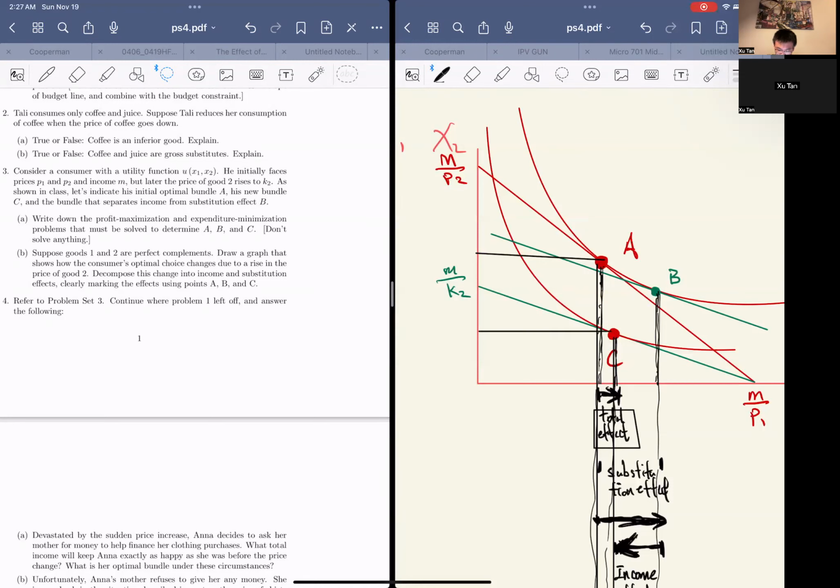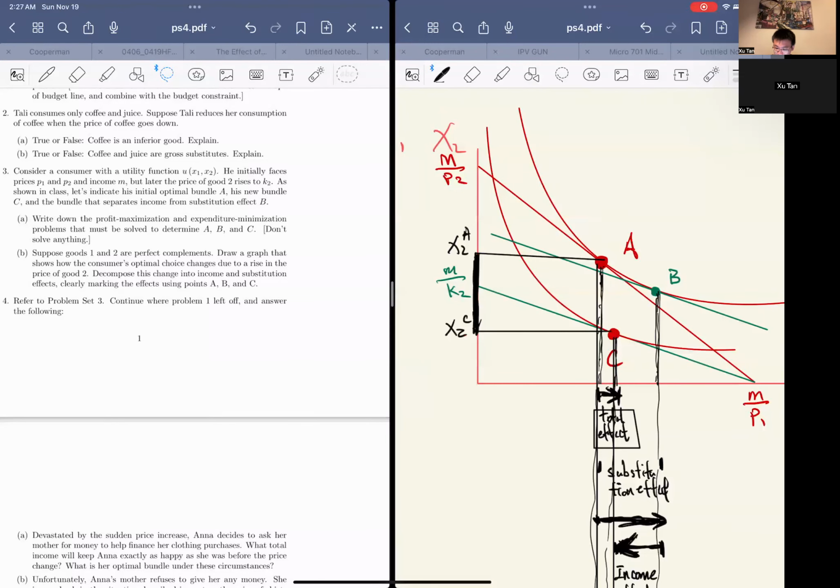So this is the total effect right here, from x2 of A unit to x2 of C unit, right? So the total effect actually all goes down.